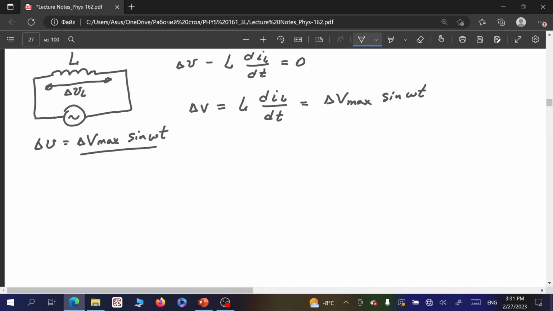From here, we can solve it for current. dIL is equal to delta V maximum over L times sine omega t dt.